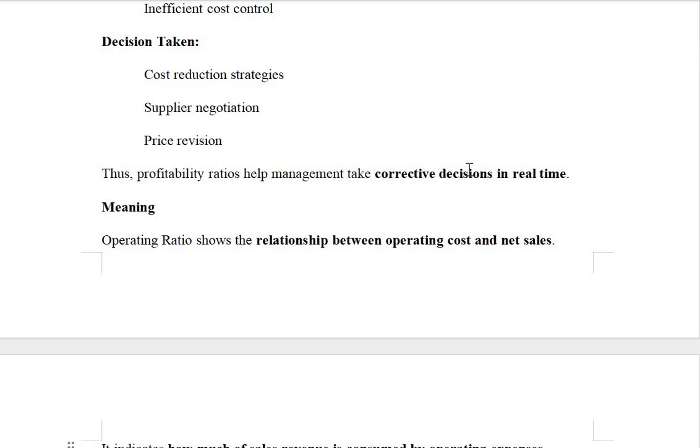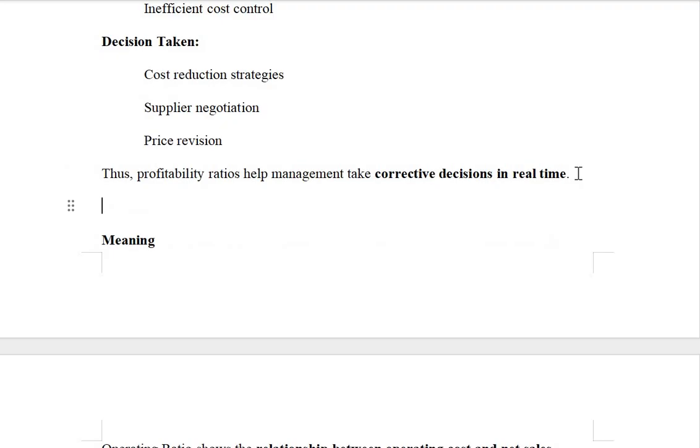The next one will be the operating ratio. What do we mean by the term operating ratio?